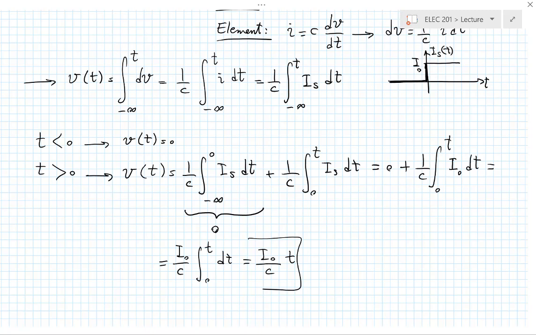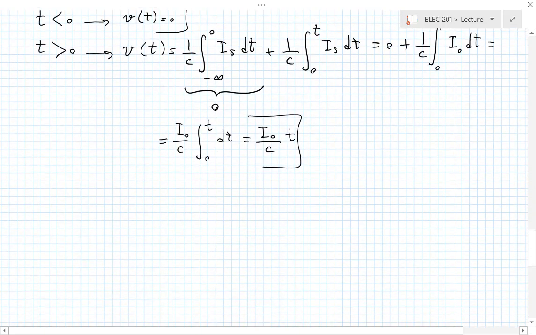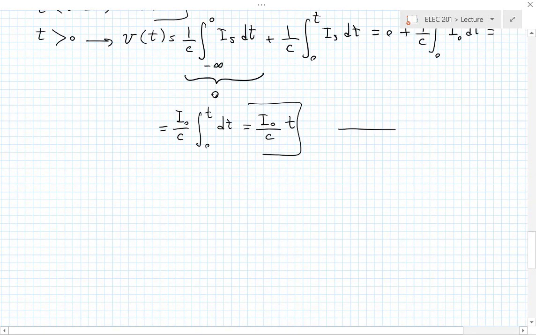It's interesting. This circuit does not involve any sudden jump in the voltage, nor an infinite voltage. So from that point of view at time 0, it's quite okay. In fact, if you plot this, you see it's a function that was 0 up until time 0, and after that it starts to grow linearly.